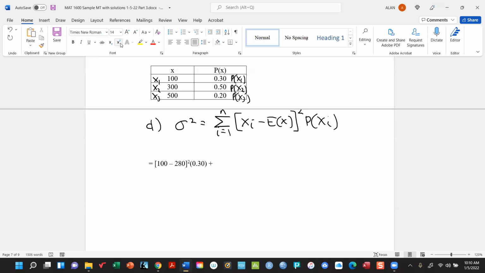Okay, so all that information came from the first row of the table. Then we go to the second row where X is 300. Again, subtract the expected value of 280, square the difference, and now multiply by the probability of X equals X2, which is 0.5. And then for the last row, we have 500 minus 280 squared times 0.20.